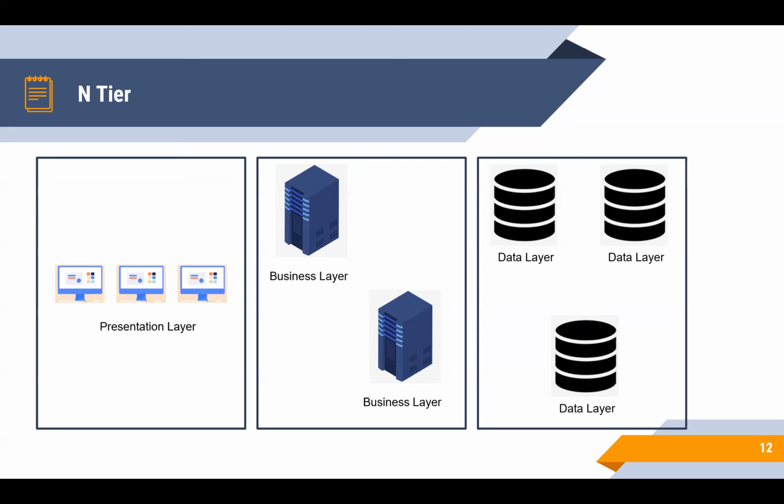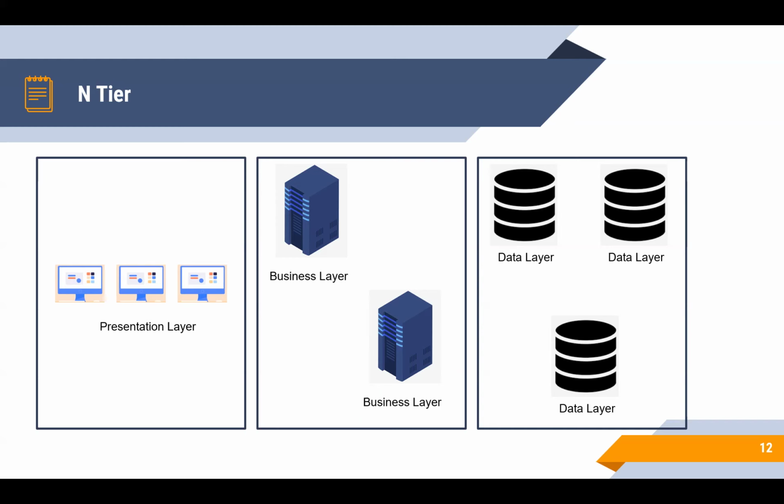So normally, when we are talking about an enterprise level GIS application, in that scenario people are using multiple servers, multiple machines for the data, multiple machines for the business. In that situation, this type of architecture is called what?